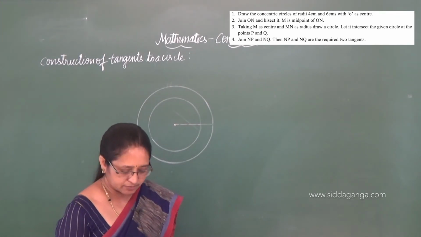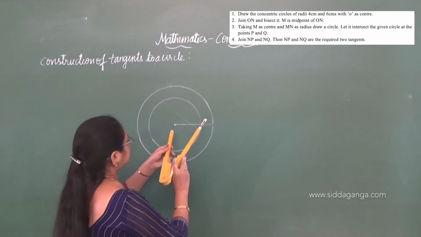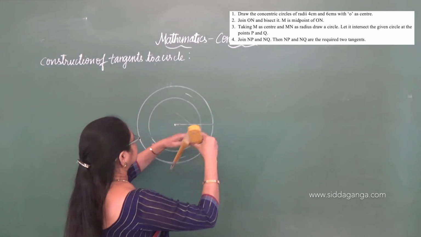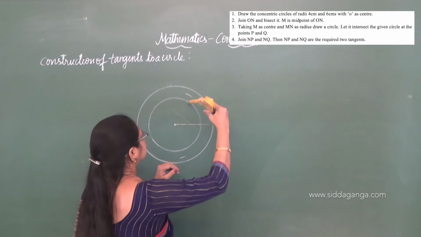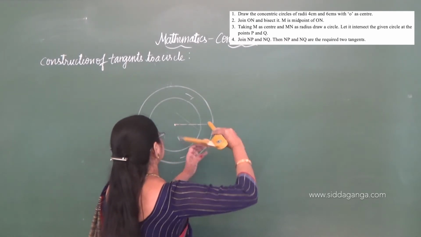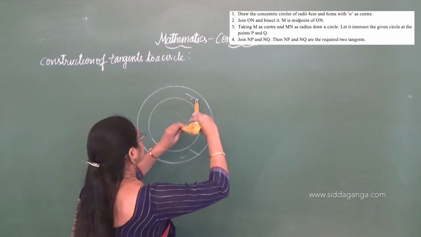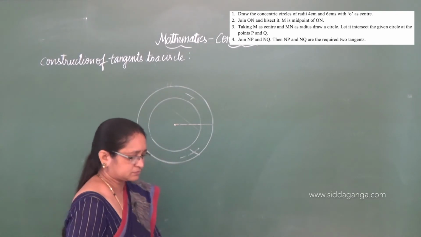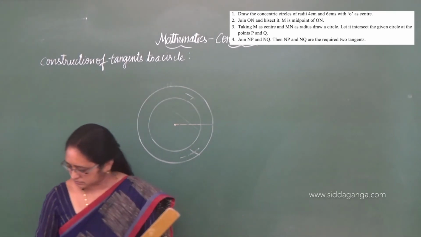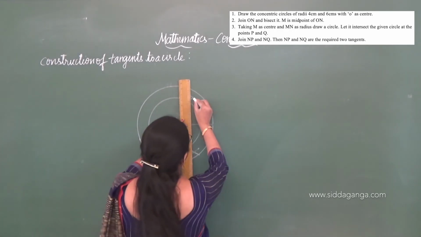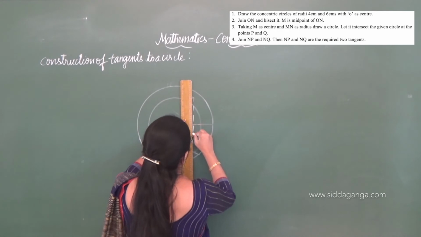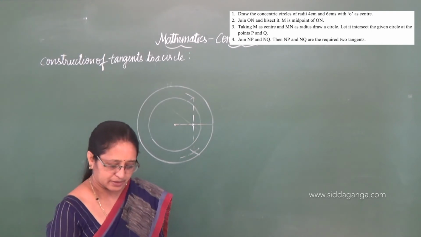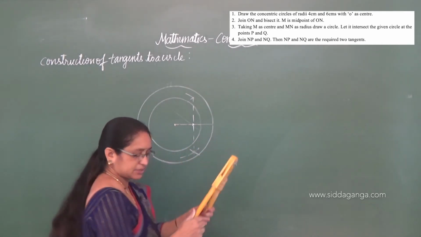Understood? So, for that what I have to do now, again I will draw a perpendicular bisector here like this. So, this is a point, the middle point here I got. Now, again with the same radius.